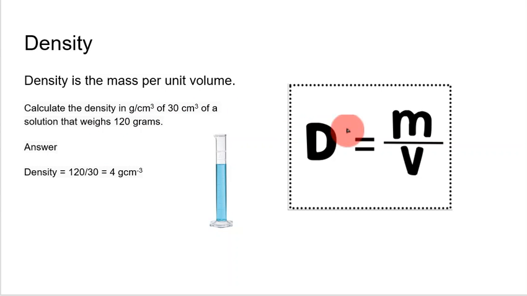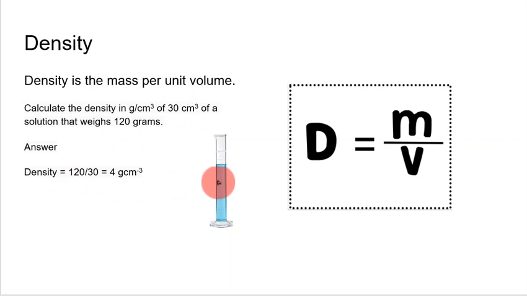So density is equal to mass divided by volume, or mass per volume. If we take this specific example, density is going to be equal to the mass, which is 120 grams, divided by the volume, which is 30 cubic centimeters or 30 mils.